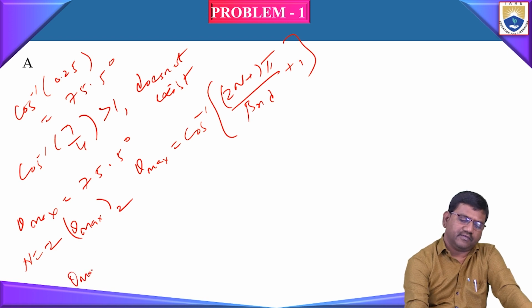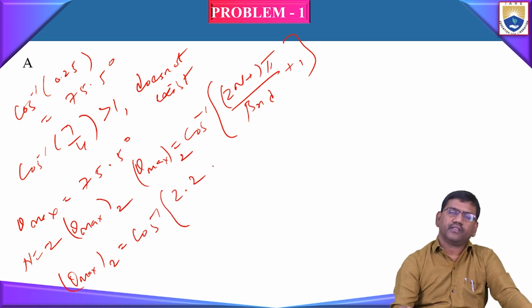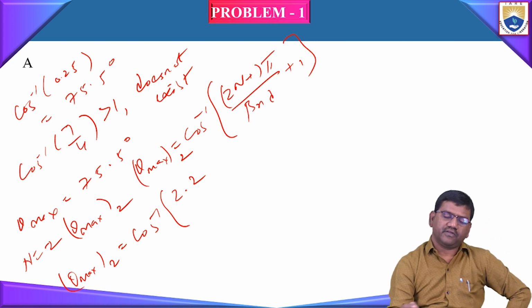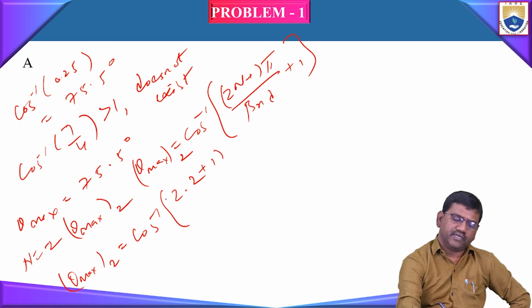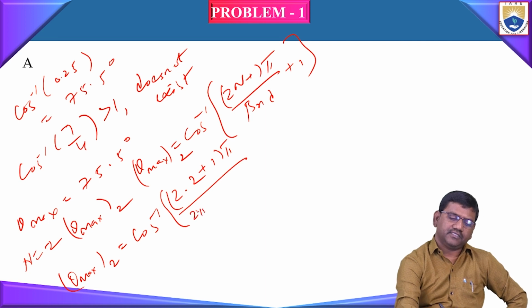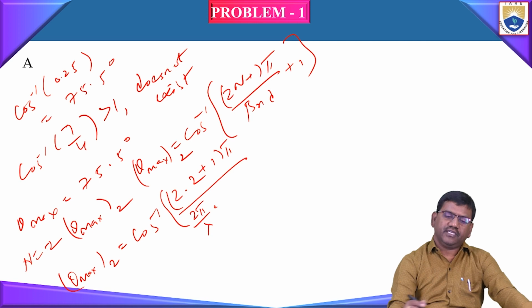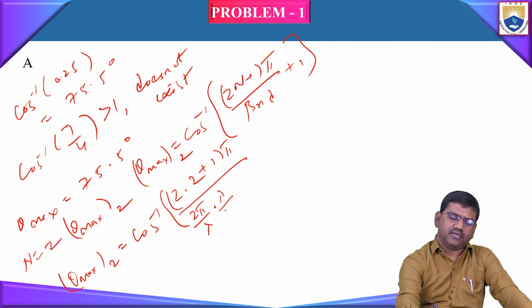So from this equation, theta max of 2 is equal to cos inverse of 2 into 2. Why? Because we are going to consider the second pattern maxima, the second maxima we are going to calculate. So capital N is taken as 2 here, plus 1, into pi divided by beta, which is 2 pi by lambda, into d, which is lambda by 2.